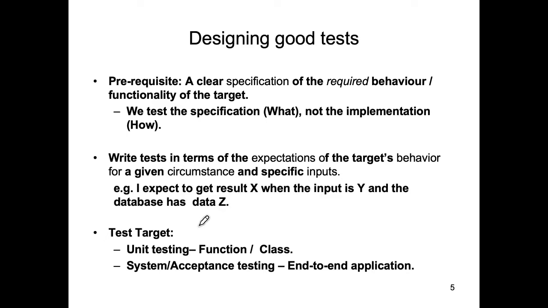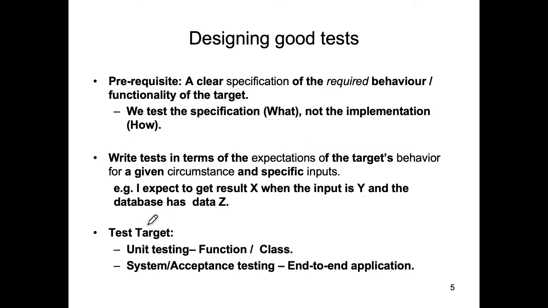So there's this terminology of the target. There's this idea of what you expect the target to return, and the circumstances under which those expectations are expressed. The circumstances would be maybe the target's internal data have certain values, or if it's an application, the database has certain records in it.